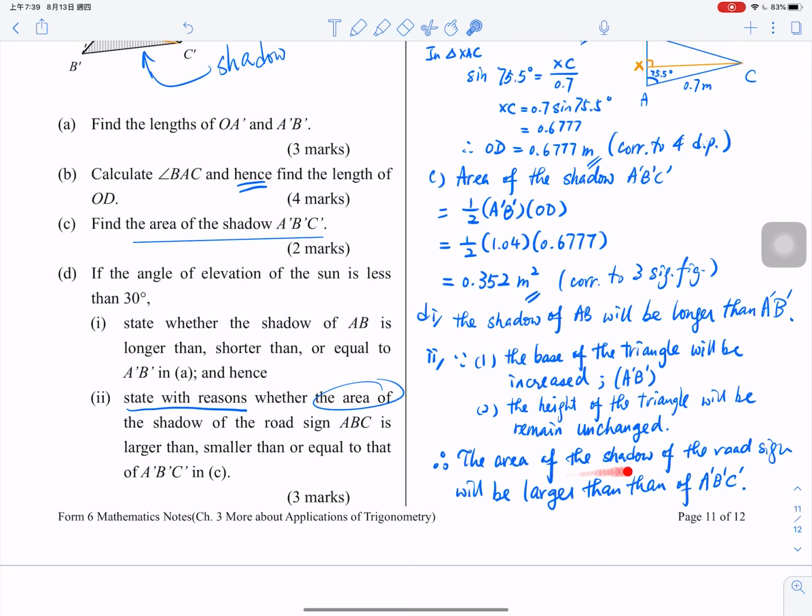Right? So larger than, and state the reason: because the base increases, the height remains unchanged. That means at the end the area increased. So larger than A'B'C'. Okay?